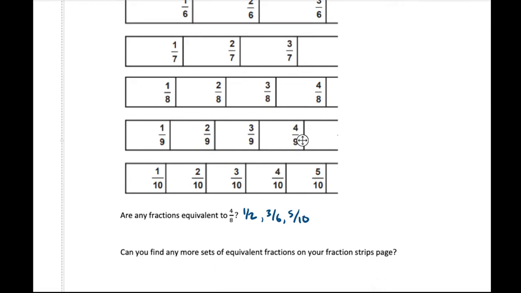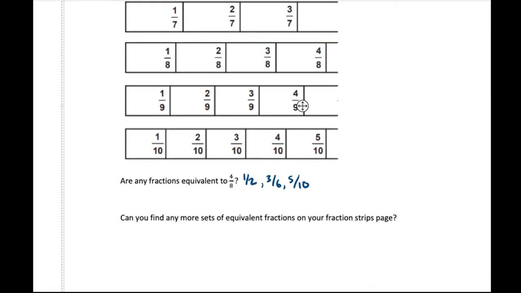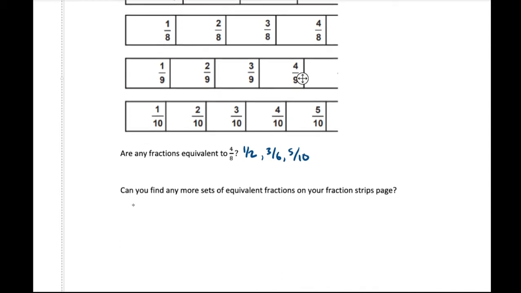So now what I want you to do is to go back to your fraction strips page and see if there are any more sets of equivalent fractions. Are there other values that are the same? You might find some like saying 1/4 is the same as 2/8.